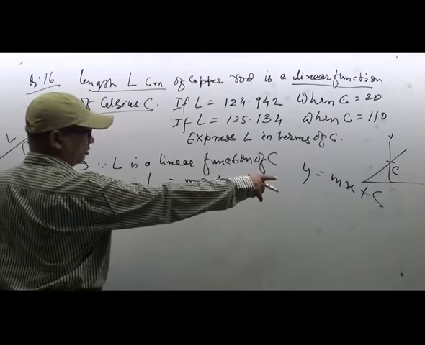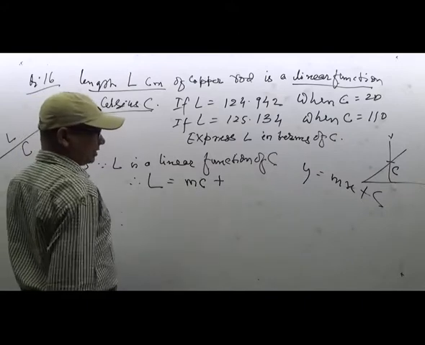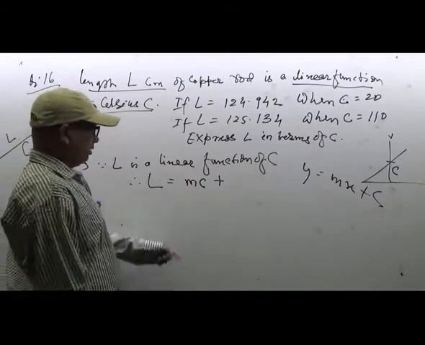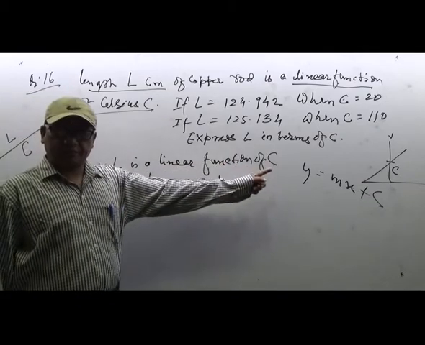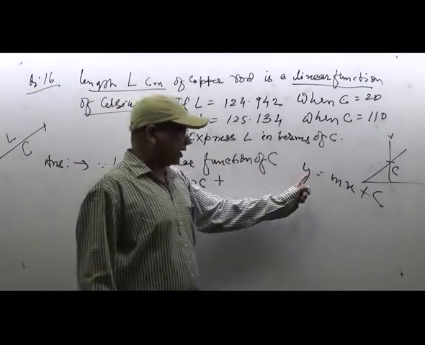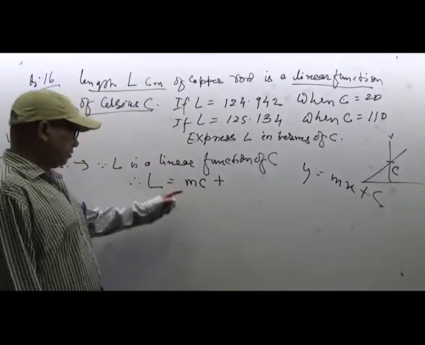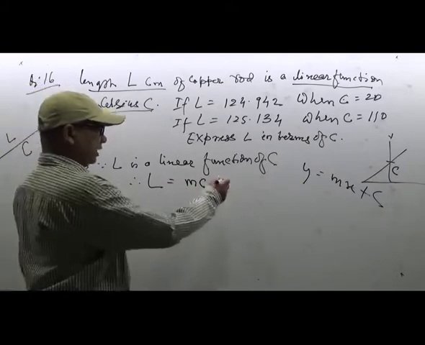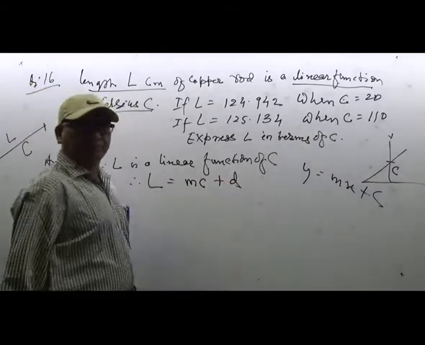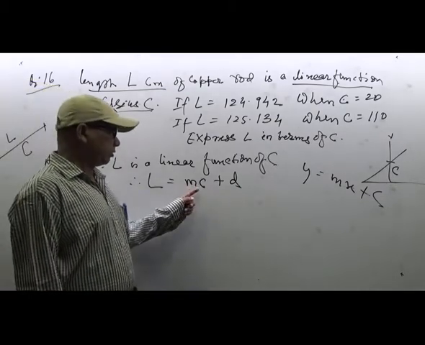Here y is a function of x, but m and c are constants. We take C in place of x, because it is given in your question that L is a function of C, and D in place of the constant.